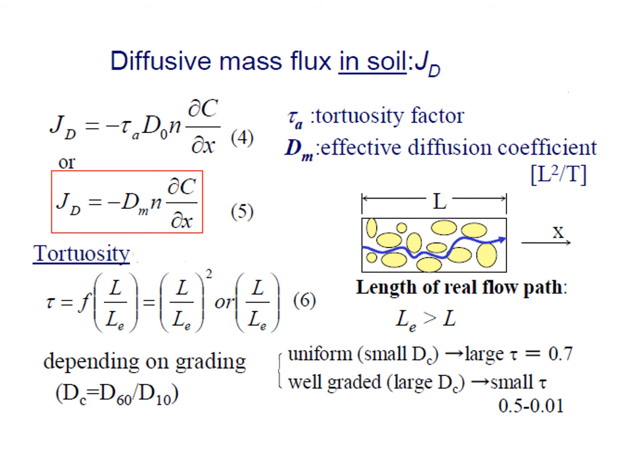Continuing, the important thing here is this tau, and this tau is the tortuosity factor. The tortuosity factor is included in this diffusion coefficient, and this Tm is equal to the effective diffusion coefficient. The length of the real path is L, and the tortuous path is Le.